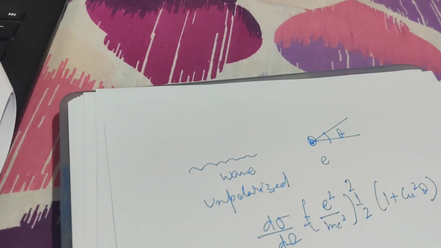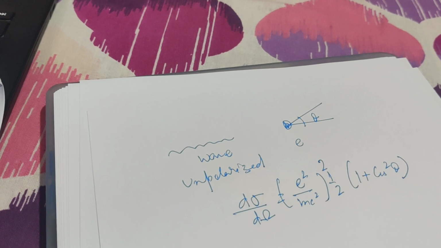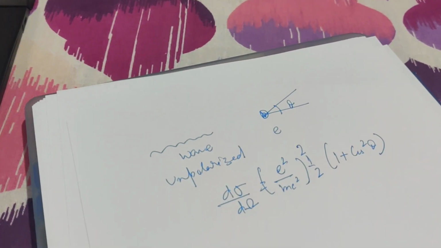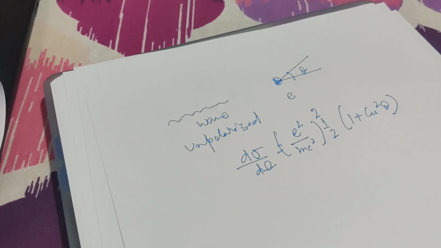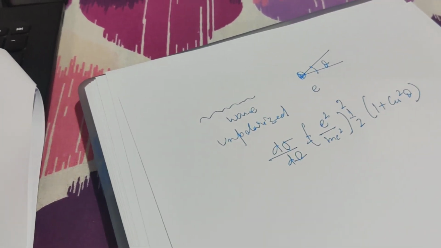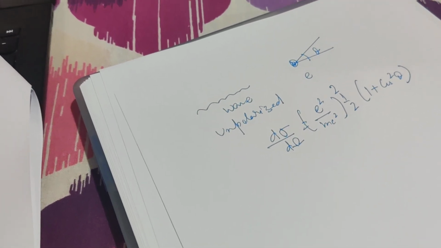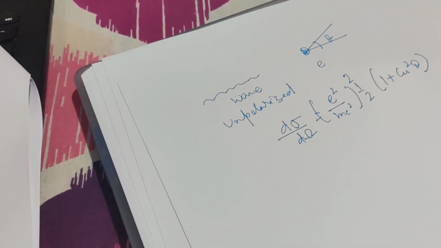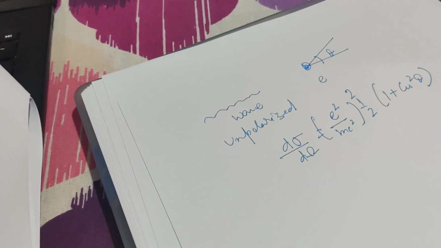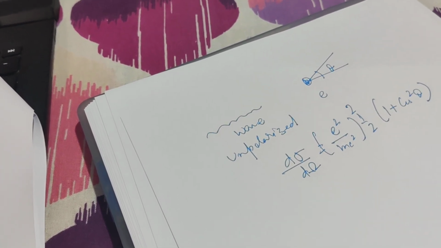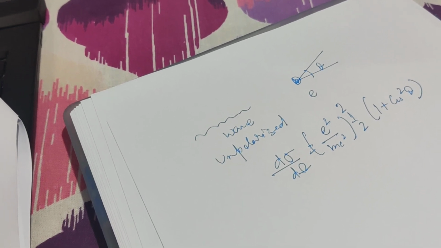And this is depicted in this figure, where the unpolarized light is incident on the electron and theta is the angle of scattering. The cross section has units of length squared, or area, as it should, and it represents the area that would extract from the incoming plane wave the amount of energy that is scattered by the electron.